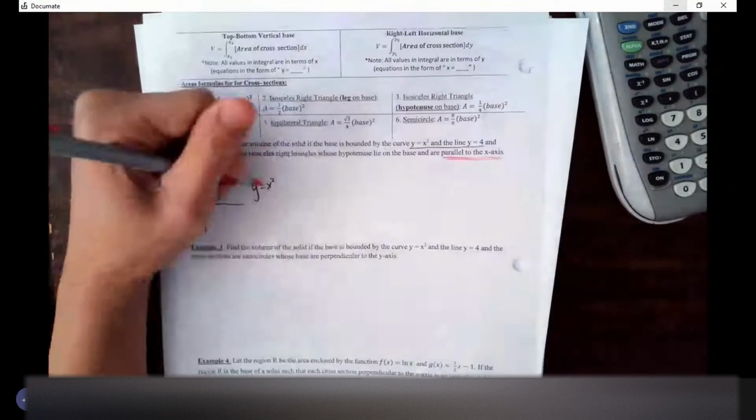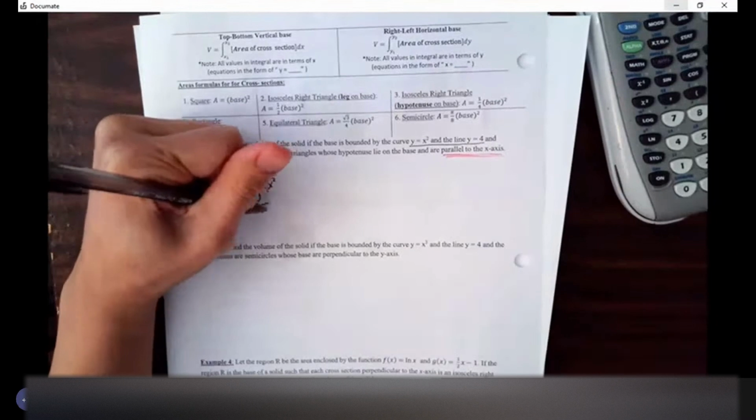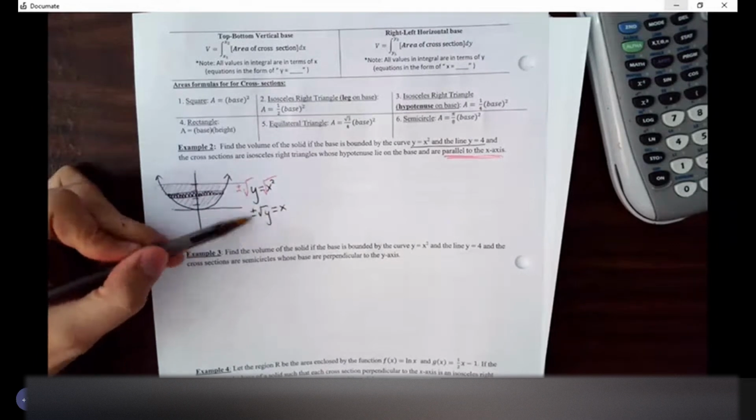So I'm going to get x by itself by taking the square root. A plus or minus is going to pop up. So I get plus or minus square root of y is equal to x. Now, these are two separate branches here.